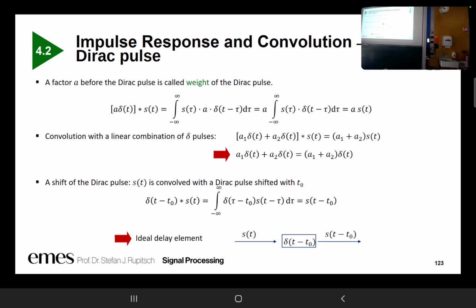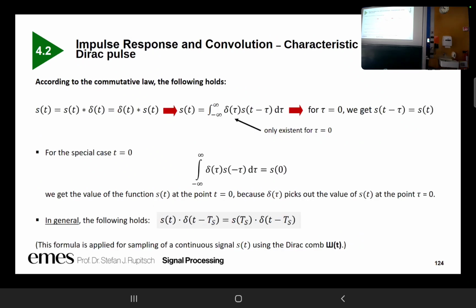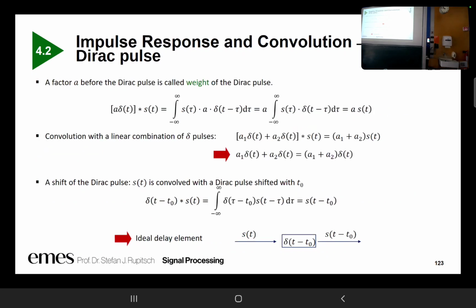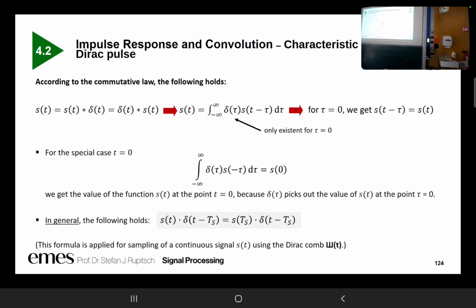Okay? Fine. Then, this we already discussed. Here we have this general part, which is also written here. By a shifted version of our Dirac pulse, we get the shifted version.